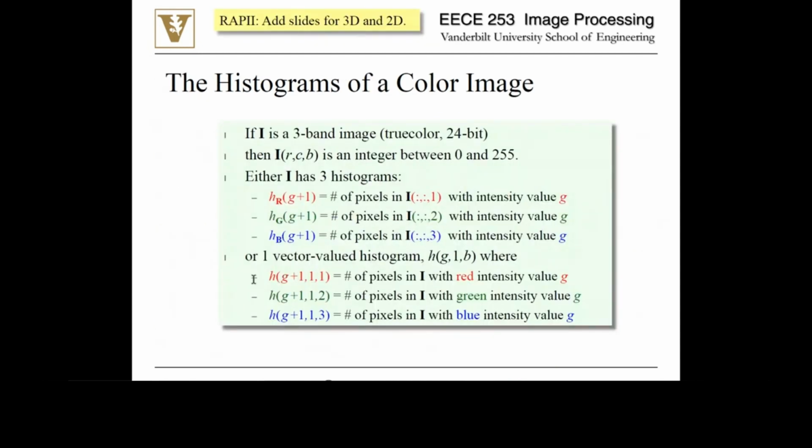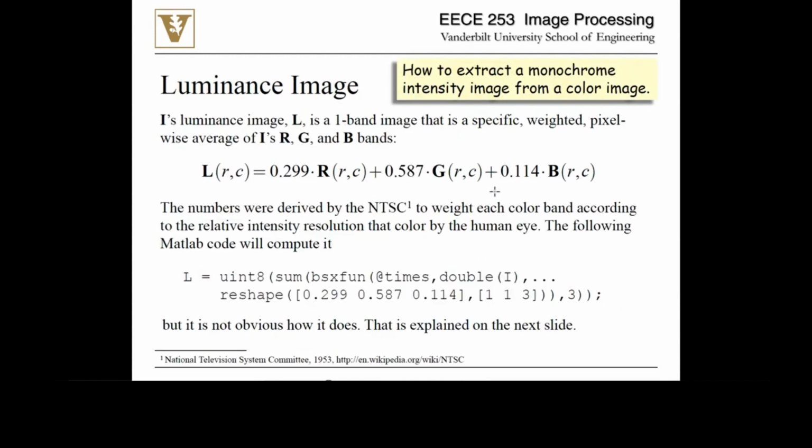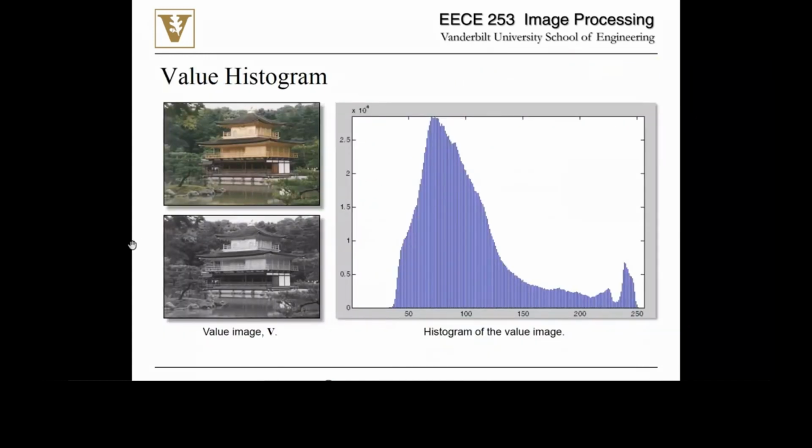So this is what is said here: the histograms of each one of the channels. And we will see later something that is called the luminance. The luminance is how to transform a color image into a gray image. So we can transform this one into something like this.